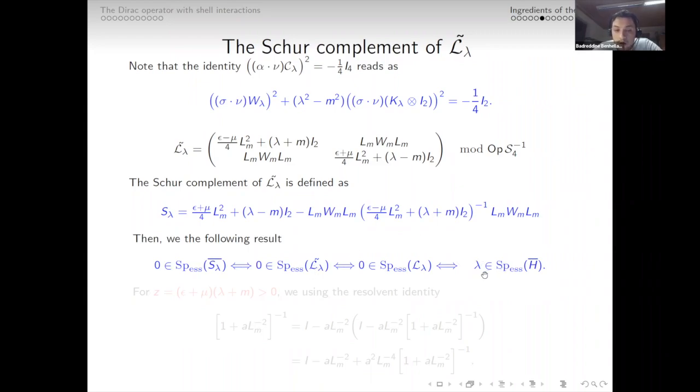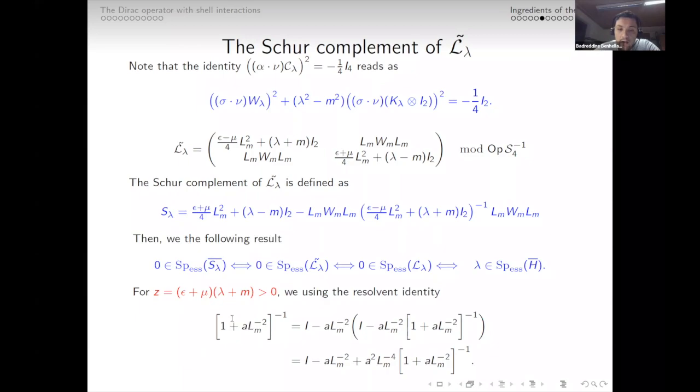And I'm recalling here the equivalence that we had before. So here we are reducing our problem from the whole space to the study of 2 by 2 valued integral operators on the surface.